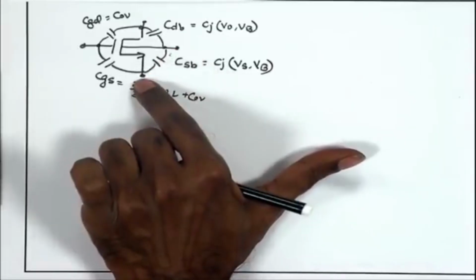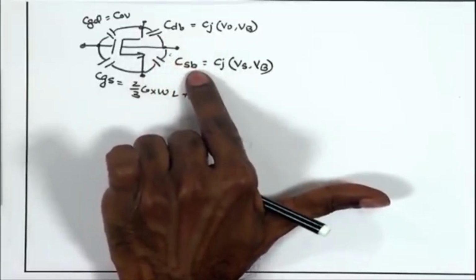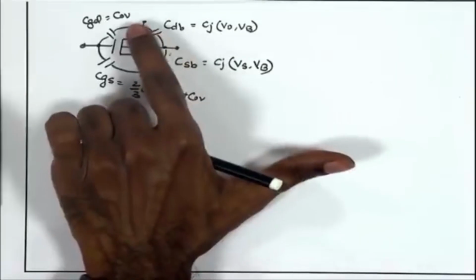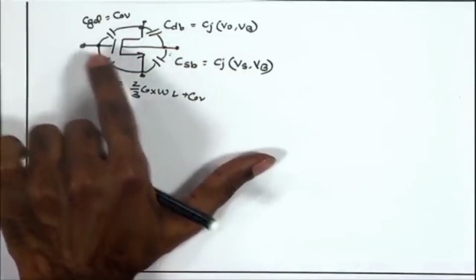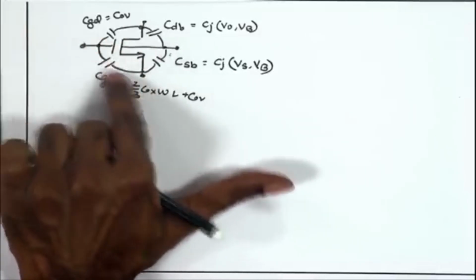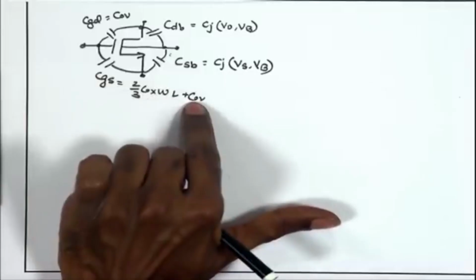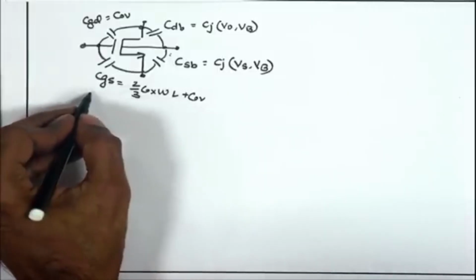If source is at higher potential, then this is also reverse bias. So, both these junction capacitances are coming because of the reverse biased diode associated with the drain and junction, source and junction, and likewise we have the other capacitances between the gate and source, gate and drain, coming because of the channel charge modulation and the C overlap, and CGD comes only because of the C overlap. So, this basically completes our high frequency model.